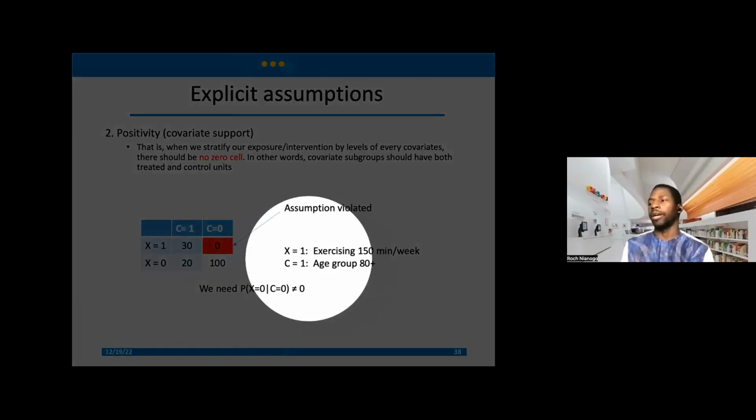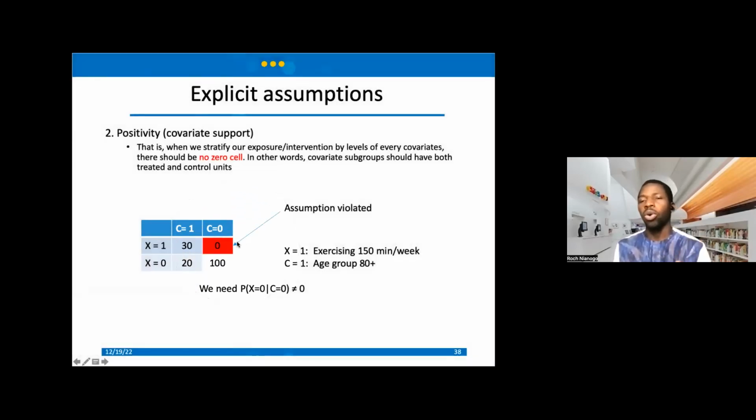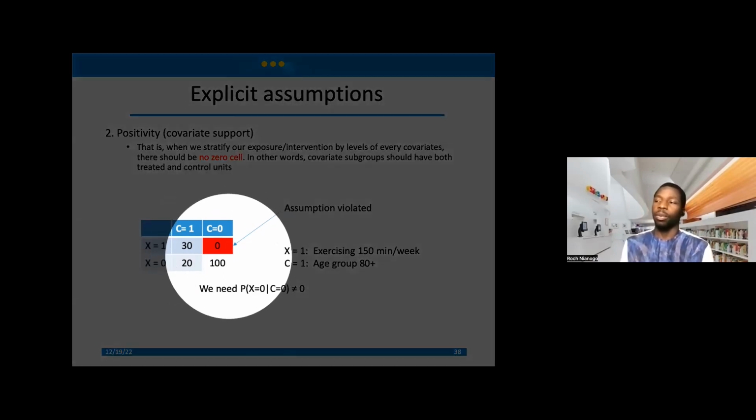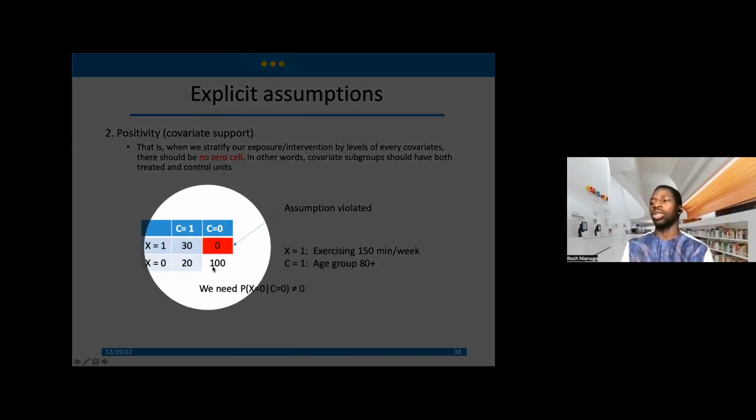You see that there's a very small likelihood that people over the age of 80 are still able to do 150 minutes per week, right? So maybe in your data, you won't have anything here, and that's basically saying you won't have covariate support, right? So you need to have that probability be different than 0, meaning you need to have some people here.